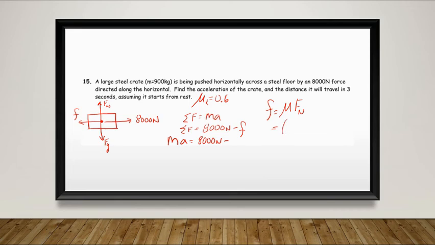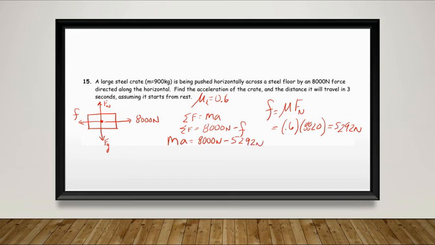So we end up getting that it's equal to 0.6 times 8,820, which is your mass times gravity. That gives us a value of 5,292 newtons. I'm going to plug that in.